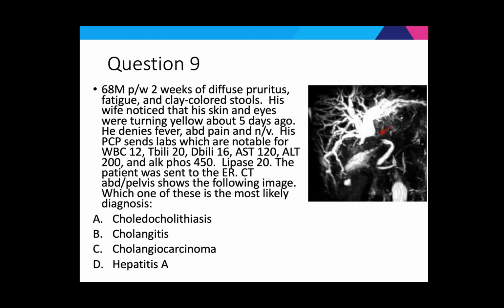Lipase is normal. The patient was sent to the ER. CT abdomen and pelvis shows the following image on the right. Which one of these is the most likely diagnosis? Is it A, cholelithiasis, B, cholangitis, C, cholangiocarcinoma, or D, hepatitis A?